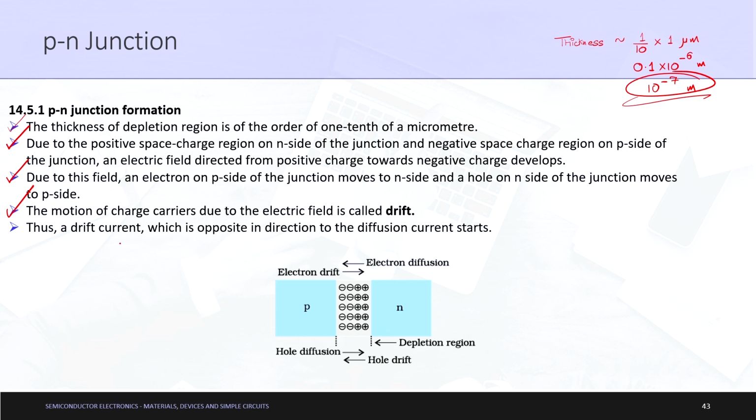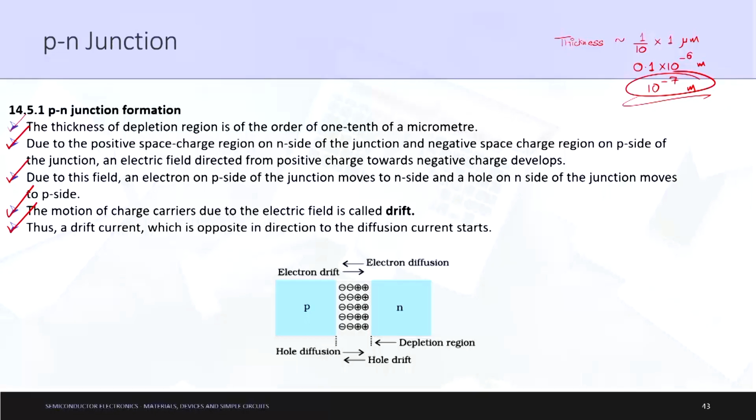Thus a drift current. So what is drift current again? What is current basically? Current is basically the movement of charges per unit time. If a movement of charge is happening, let's say from point A to point B, then we can say that current is happening. Because this current is due to drift, the name has appeared as drift current, which is opposite in direction to the diffusion current.